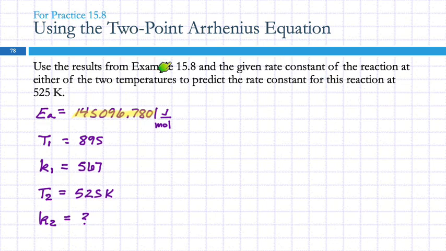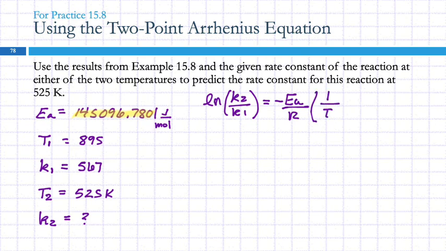There's a little bit of effort involved in figuring out, well, what do I need so I can solve this, right? We're going to use the 2-point form of the Arrhenius equation. So I'll write that down. Natural log K2 over K1 is equal to negative EA over R times 1 over T2 minus 1 over T1.